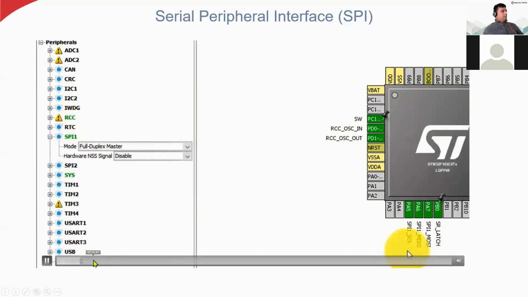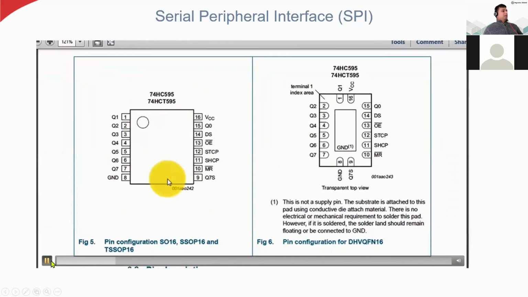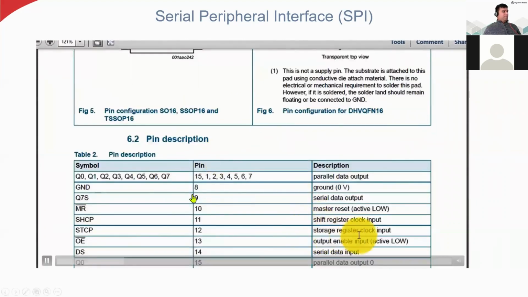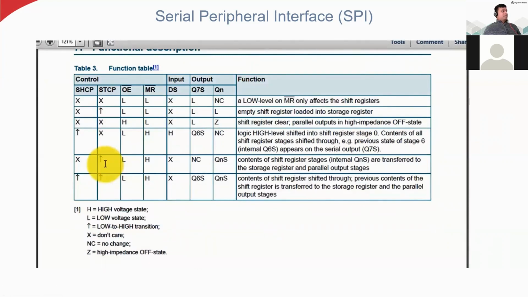So these 3 pins, and then you are configuring the SPI in the full duplex mode. And of course, you can go to the data sheet and see more detail of these pin descriptions, each pin, how it works, the functions and so on.